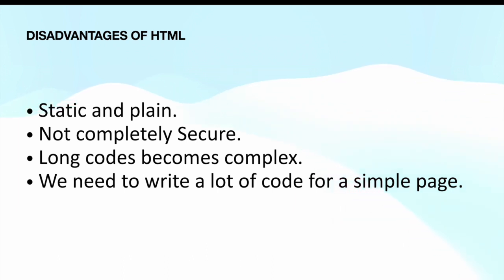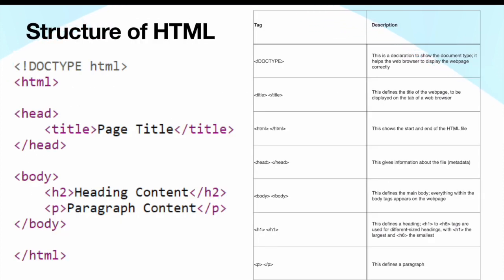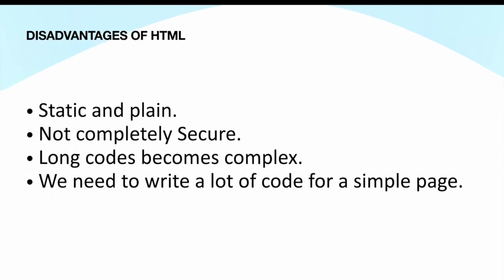And HTML is not completely secure, and it provides only a few security tools to secure your web pages. And as we saw in the above structure, this is the basic structure in HTML. So long codes become complex.